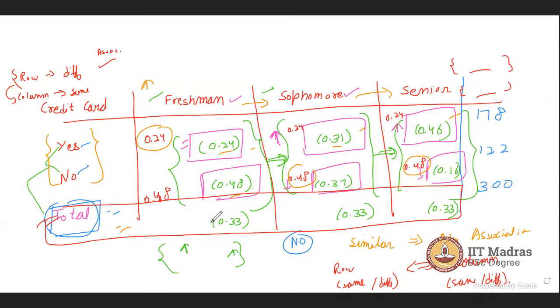I haven't seen any case till now where it comes out the same. If the total is similar to the row above, you will still say that the row relative frequencies are not similar, because even if one row comes out different, you say they are not similar. There is an association.